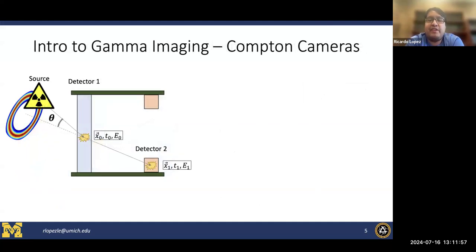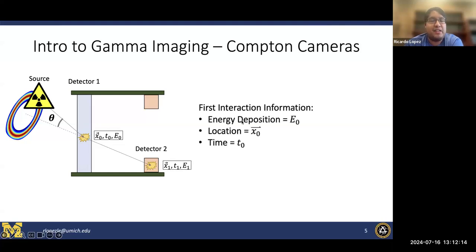For gamma ray imaging, or using the Compton methodology, it's a very similar process. Say we have the scenario where we have an incident gamma ray, and we'll have a Compton scatter, in this case, off one detector volume. Again, we get the same metrics as before. We know the energy deposited in the event, the location, and the time.